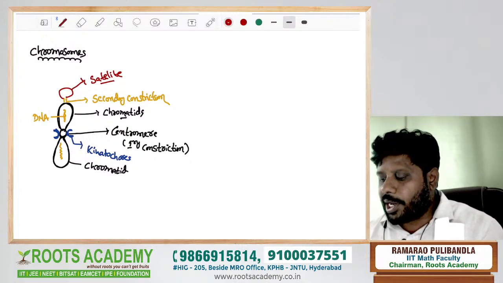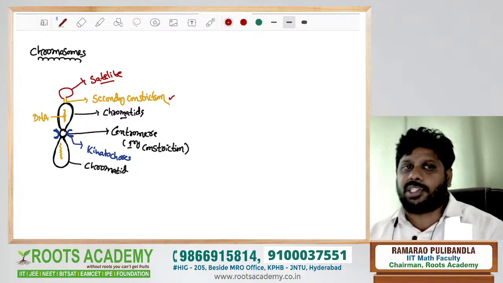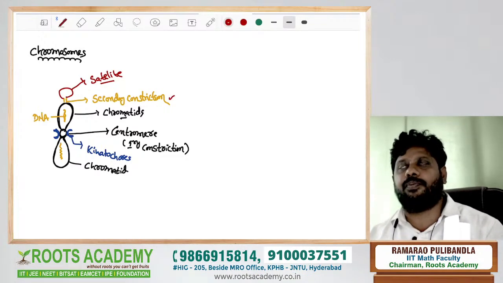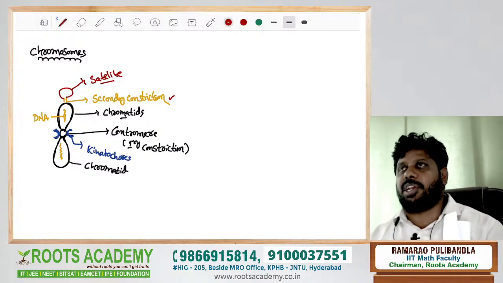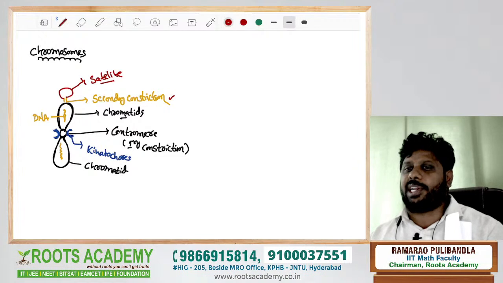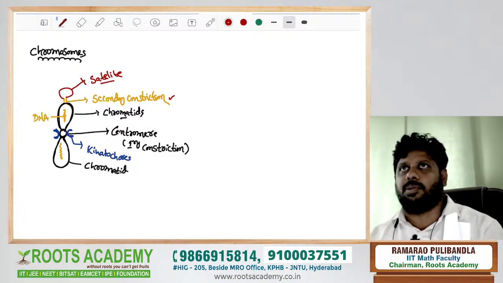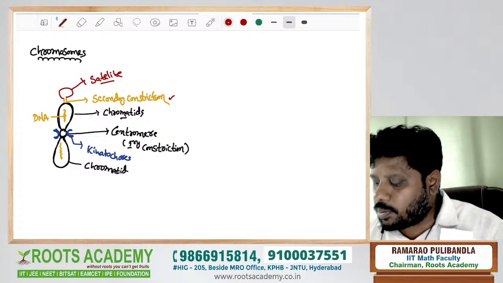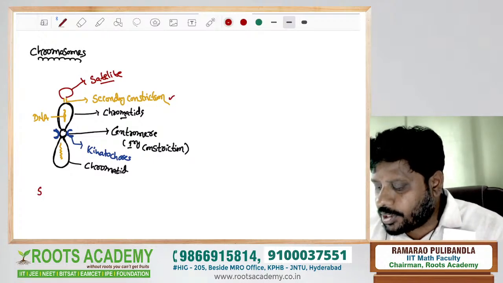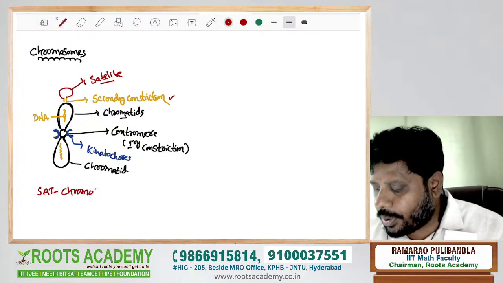Just above the chromatid, one tube-like structure is present, called the secondary constriction. Just above the secondary constriction, one more spherical body is present, called the satellite. Satellite-containing chromosomes are called SAT chromosomes.